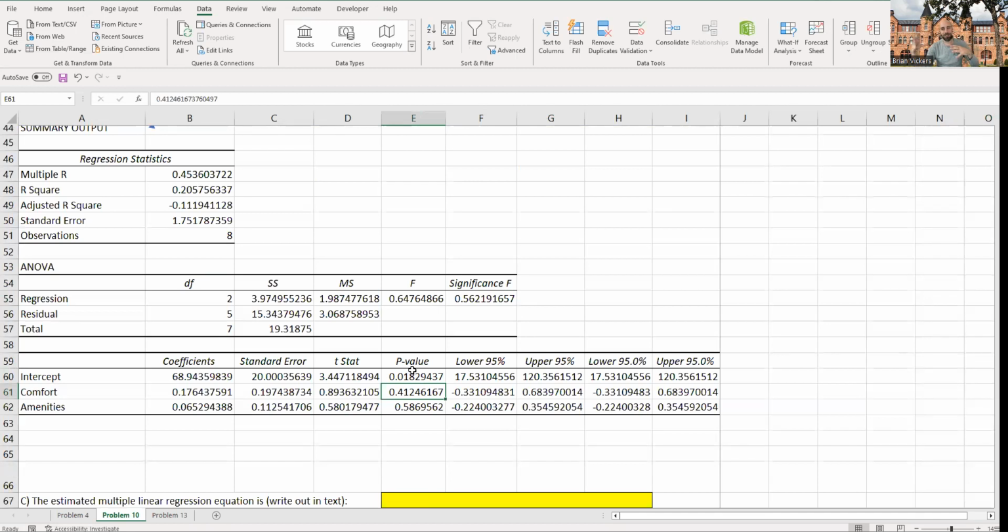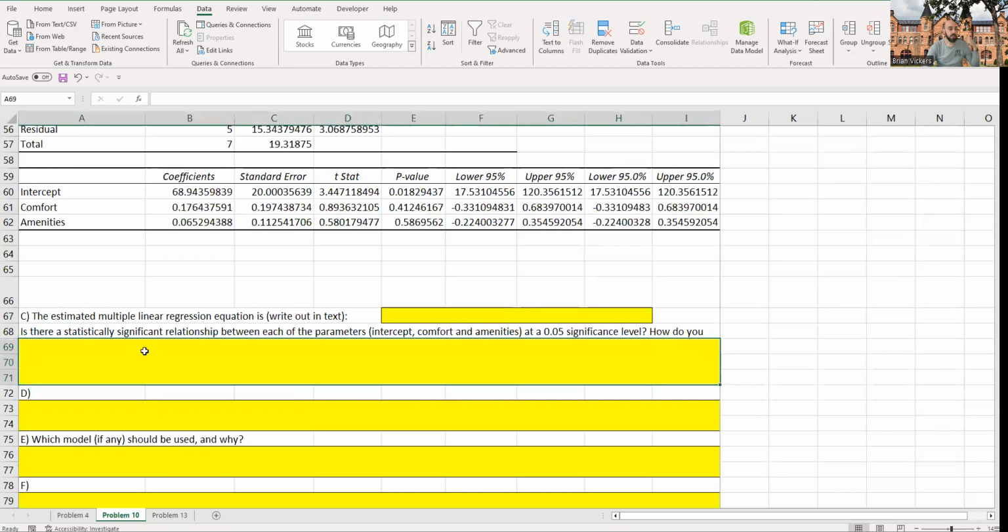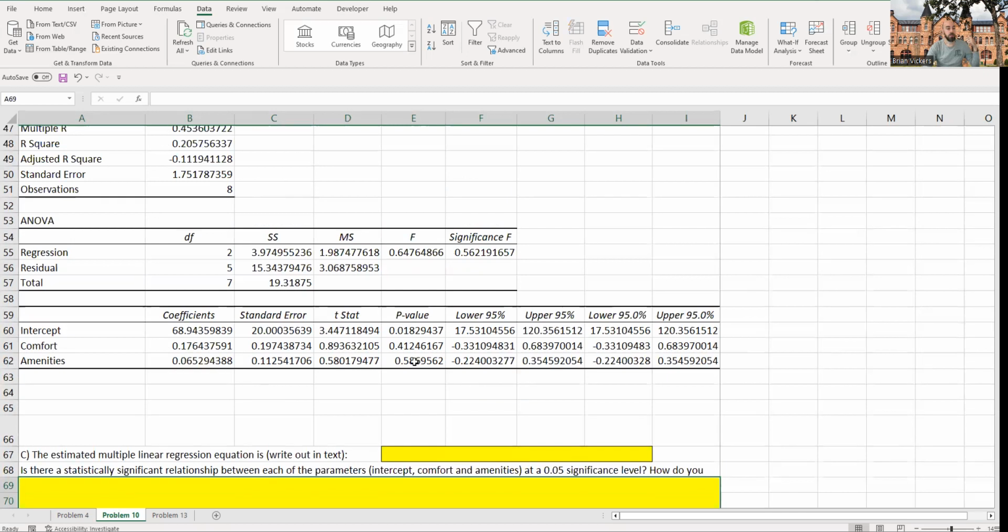So this data I've used for the example is showing very high values. But let's say we did have data at this level, when you're looking at whether there is a statistically significant relationship between each of the parameters. You'd want to say yes for comfort, yes for amenities, or in the case of your problem in the book, yes or no for television, yes or no for newspaper.